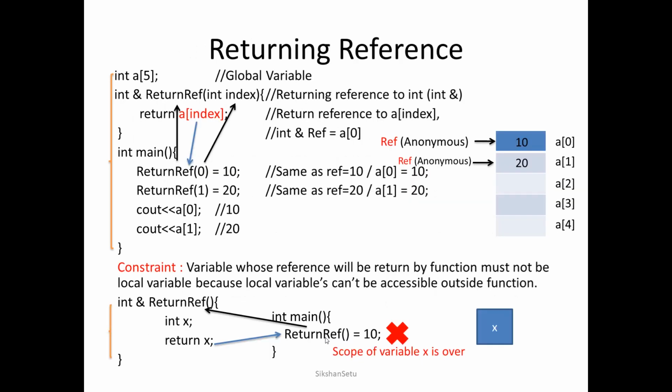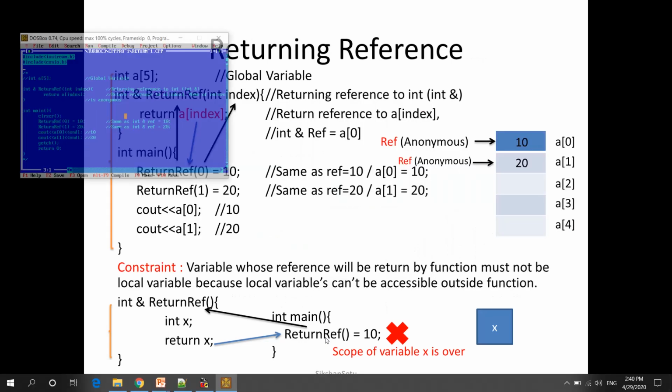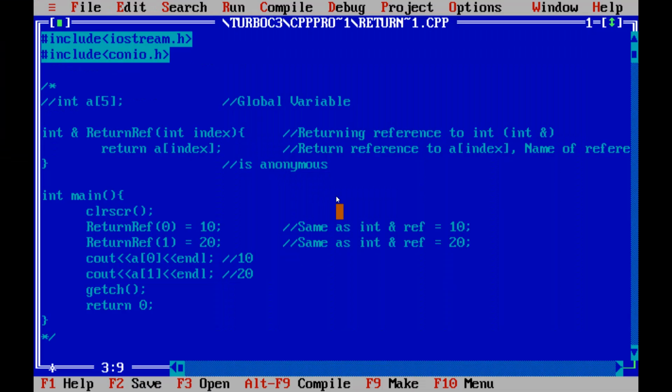Okay. So let us try to understand this by a program. This is the same program which we have seen in the previous part of the video, where we have written a reference of a particular index and we are printing it. So we try to execute this code.